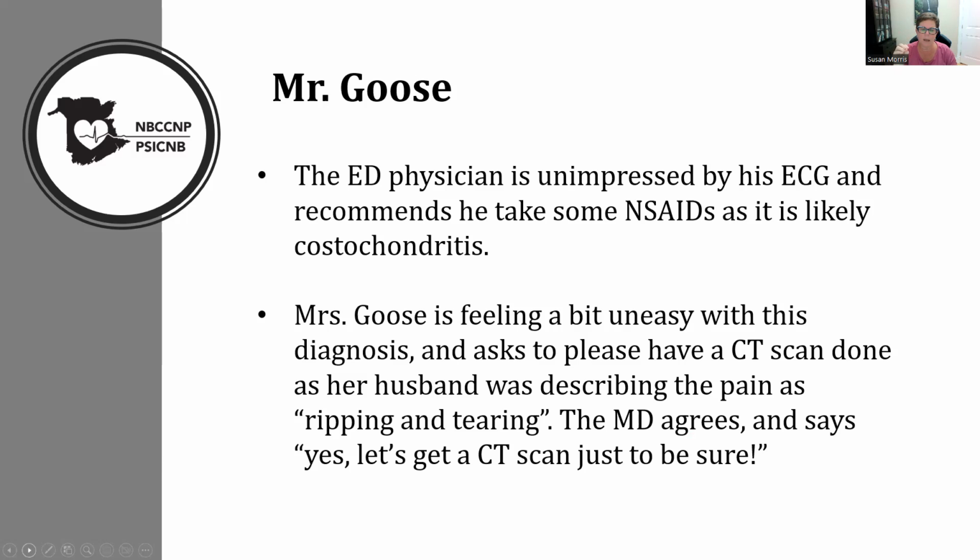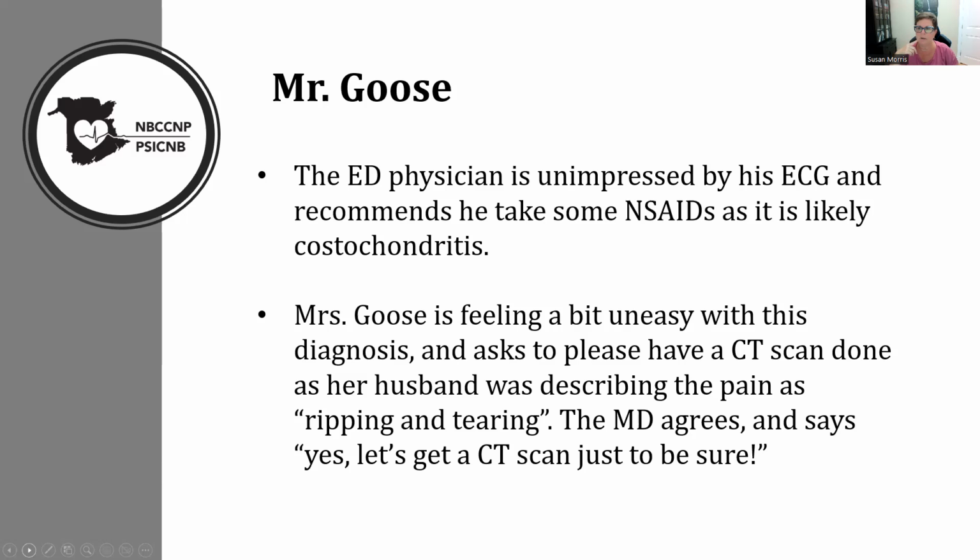Because he described his pain earlier as a ripping or tearing pain, and he just told me this now. So the physician says, oh, sir, you should have told us when you came in that you had a ripping or a tearing pain in your chest.